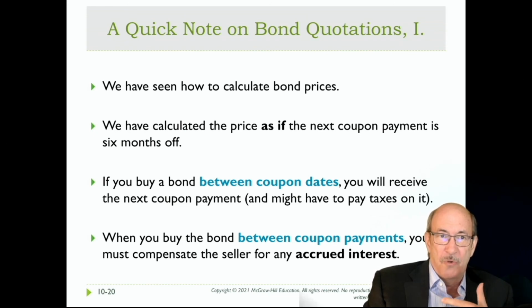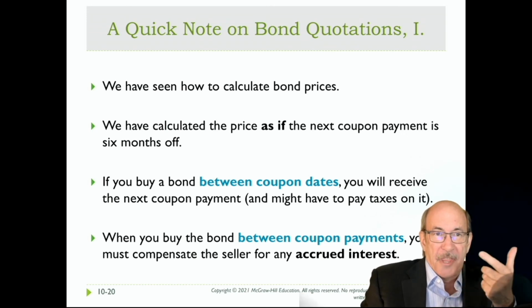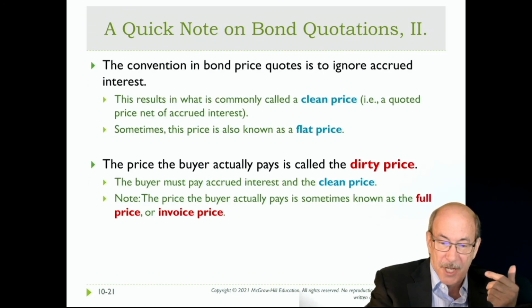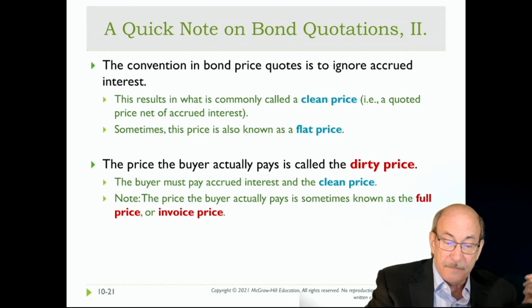Well, what we do is we take the actual price that we have calculated and we add on that extra interest. So we take what's known as the dirty price, or excuse me, actually it's the reverse. The clean price is what we would actually calculate.